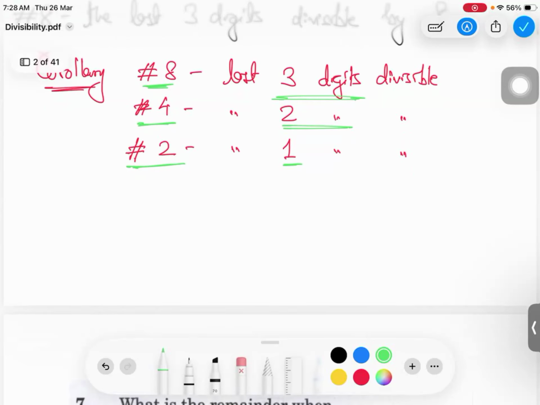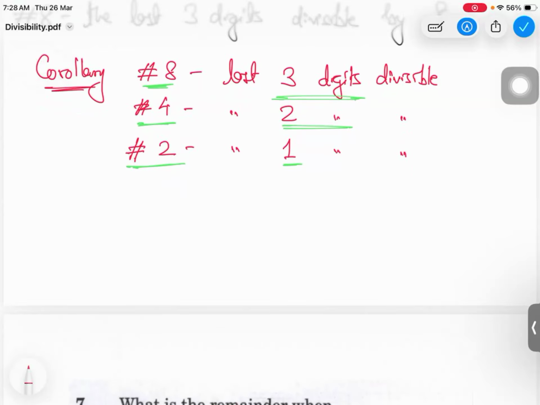Can I form a pattern with this? Yes, what is the pattern? Can I just draw a pattern here that with number 16, last four digits will be divisible?